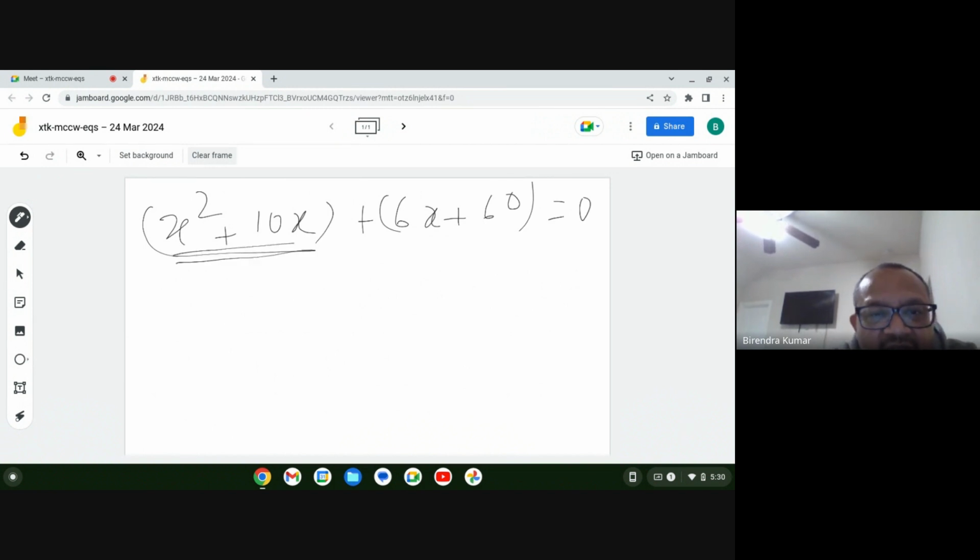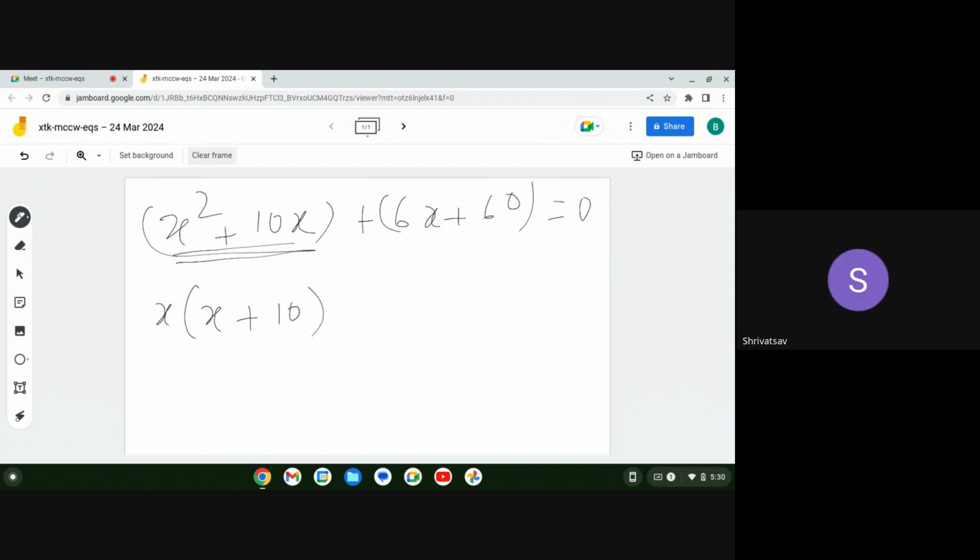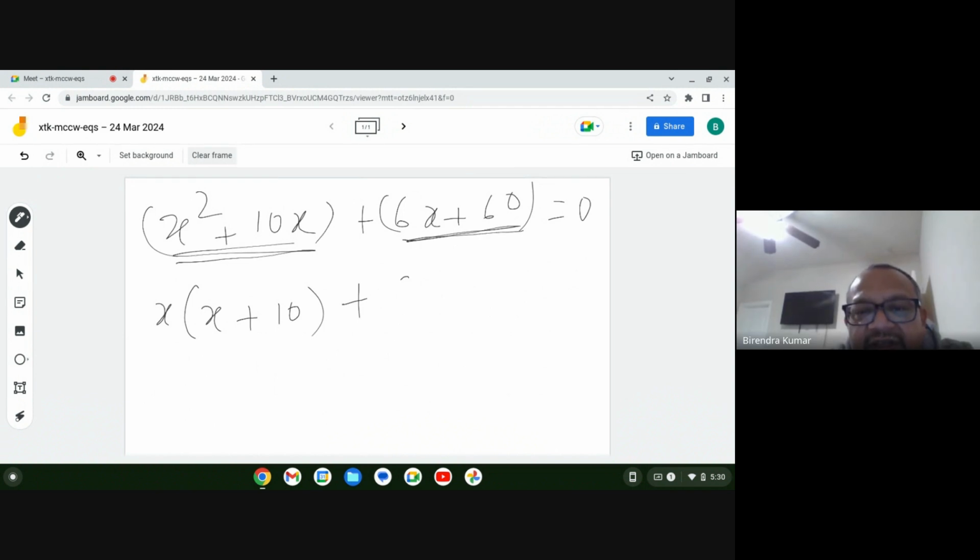In these two, what is common? x is the only thing that is common. If I take that out, I can write this as x into (x plus 10). Are you guys with me? And then in the second one, what is common? 6 is common. I take this out, it becomes 6 into (x plus 10).